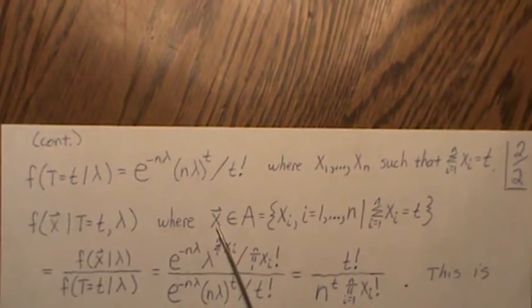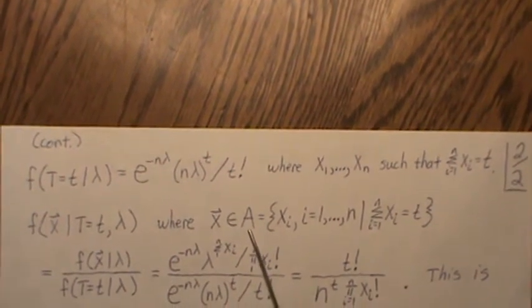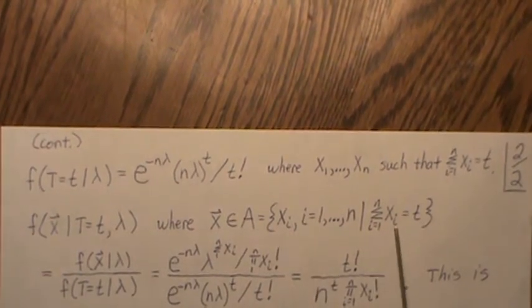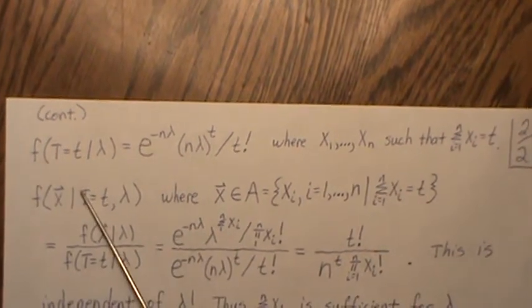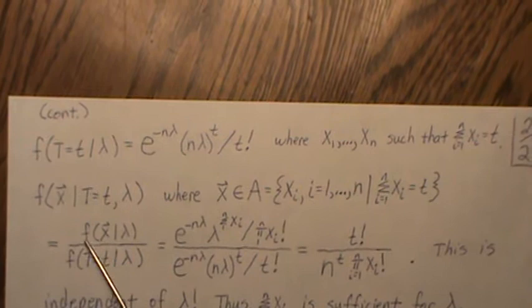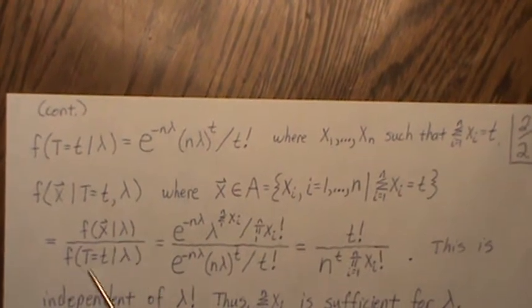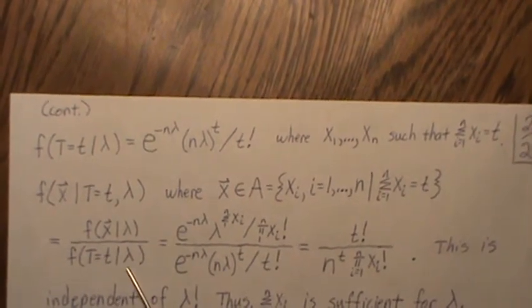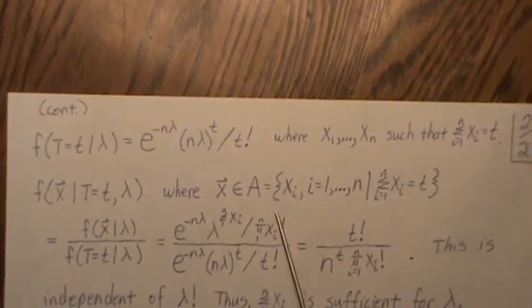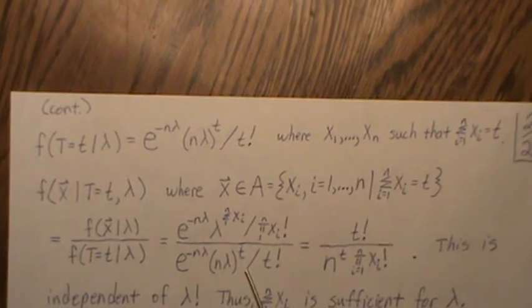And this is for all x's that live in this set A, which is all the xi's such that they sum to t. Okay, so this can be written, just using probability theory, as f of x given lambda divided by f of t given lambda. And then this was a Poisson, and this was a Poisson.